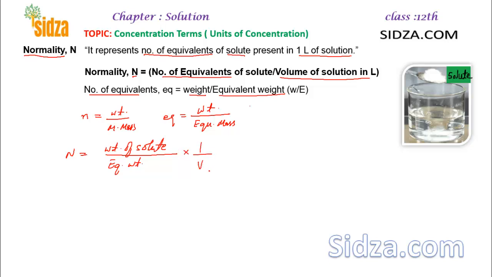The volume here is in liters. And if I want the volume in mLs, then I need to multiply by 1000.